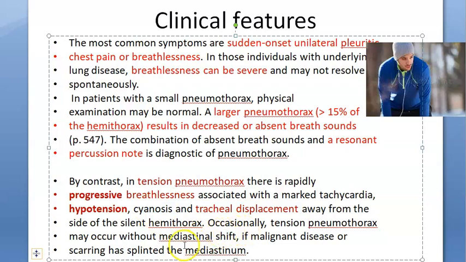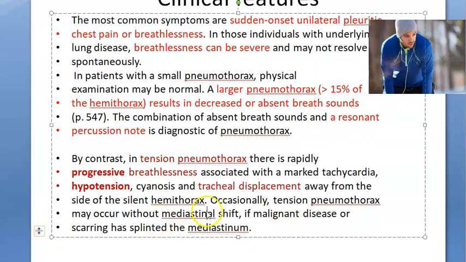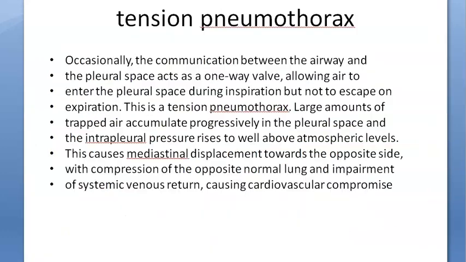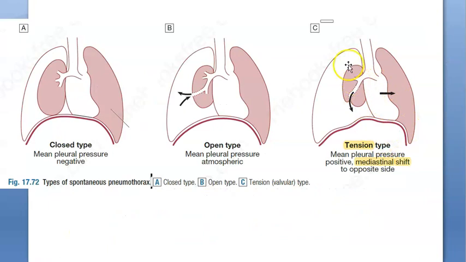Then, sometimes they are saying this tension pneumothorax may not show a mediastinal shift if there is a malignant disease or a scar which has splinted the mediastinum. So you should understand this: if the mediastinal shift can happen, then okay. But if there is some tumor sitting there, a malignant disease or a scar, and the pneumothorax is trying to push the mediastinum, and the mediastinum is not going to the other side, you understand here, right?